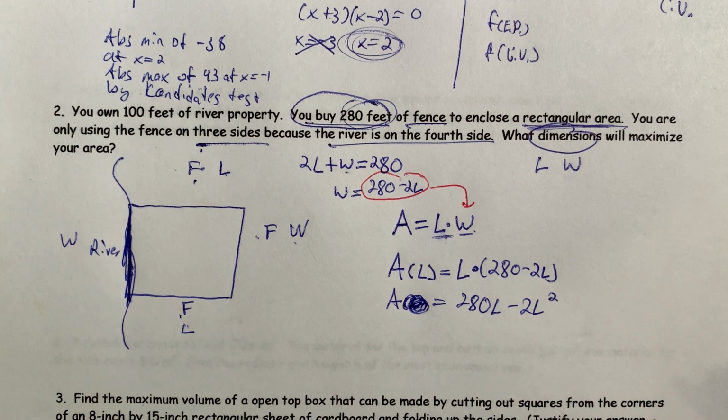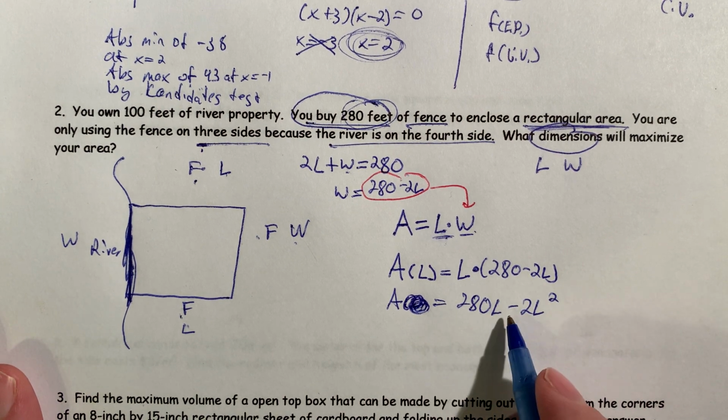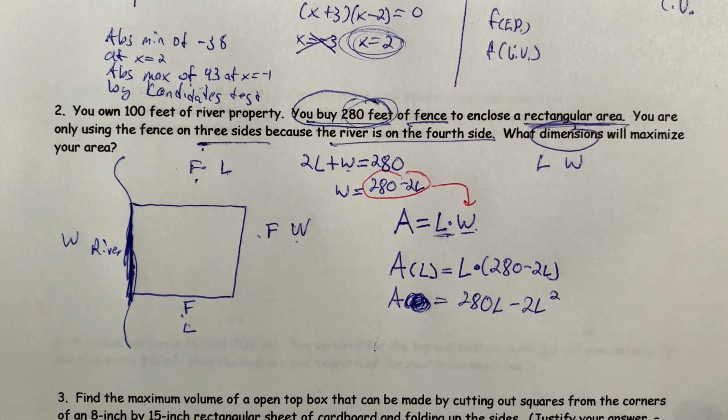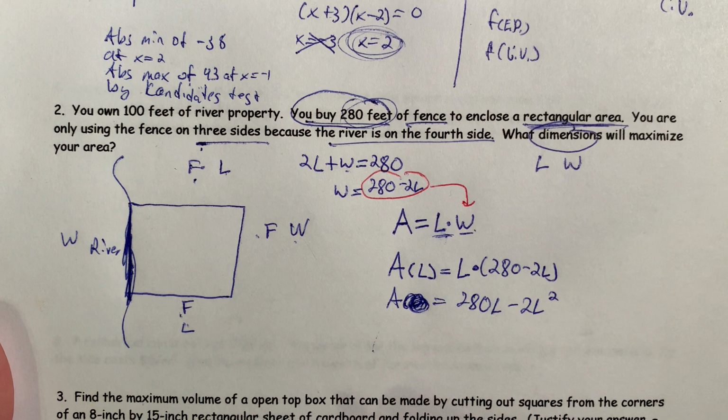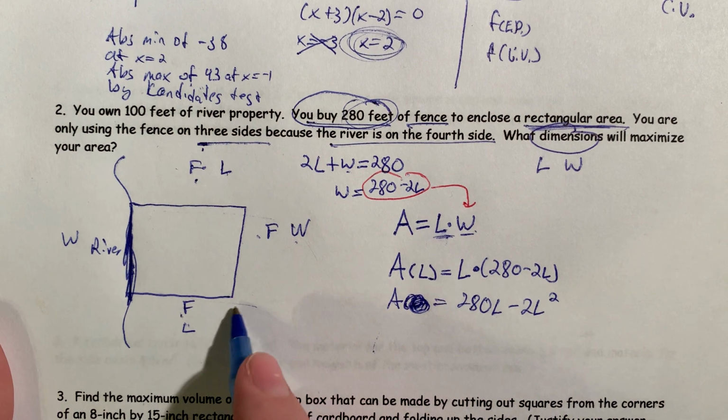The question becomes, what are the endpoints? So we know we need to find the critical values. We're going to find the derivative and find the critical values. We're also going to find the endpoints. And the endpoints can be a little tricky sometimes. What is the smallest or the biggest the length could be? Well, there's two lengths and one width.